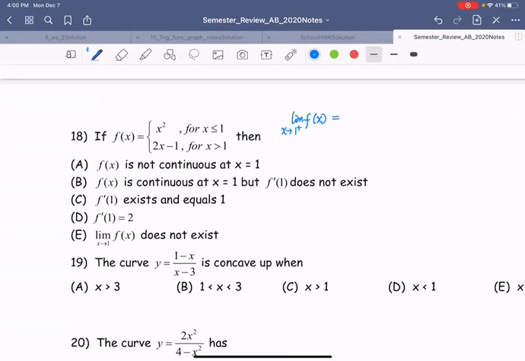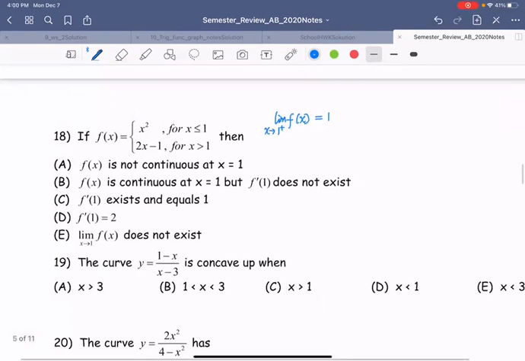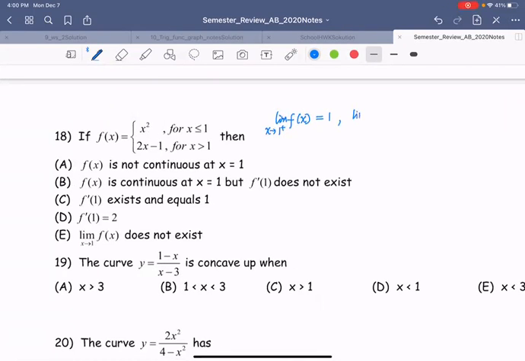That is 2 times 1 minus 1, which is 1. Then the limit as x goes to 1 minus of f(x), you are going to choose the left. So that's 1 squared, which is also 1.